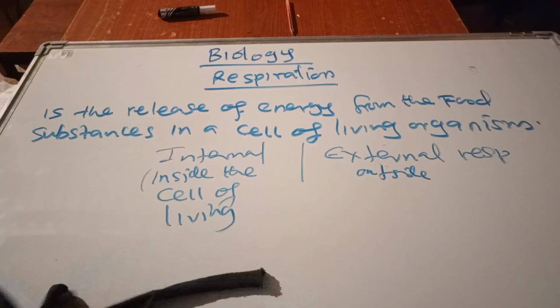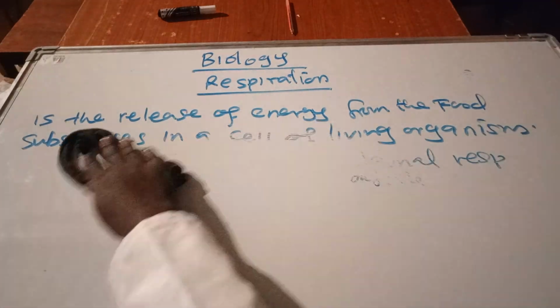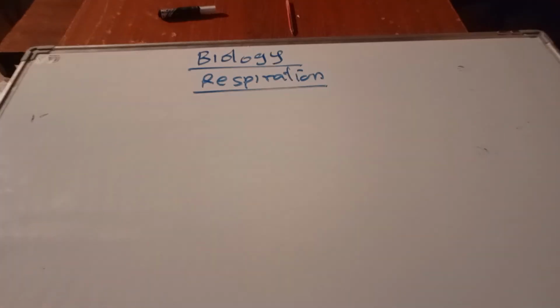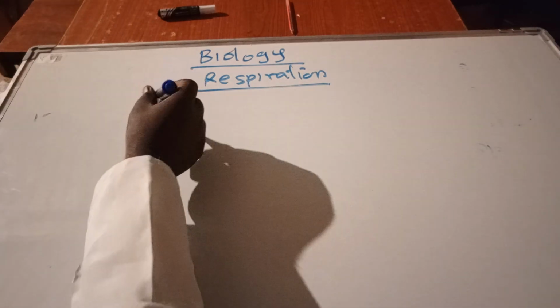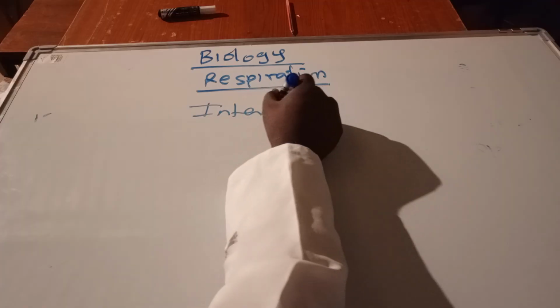Since there are two types of respiration, internal and external, and my focus for today is on internal respiration, you should know that there are two types of internal respiration.